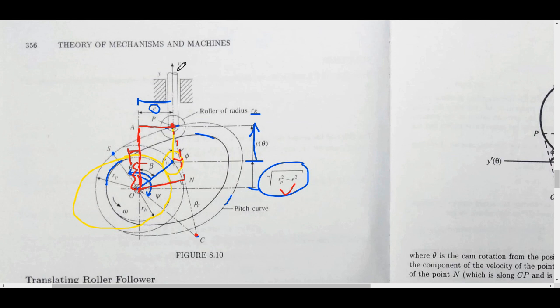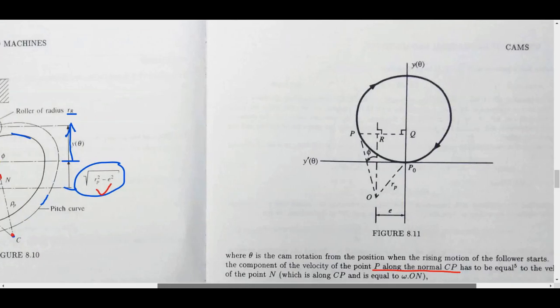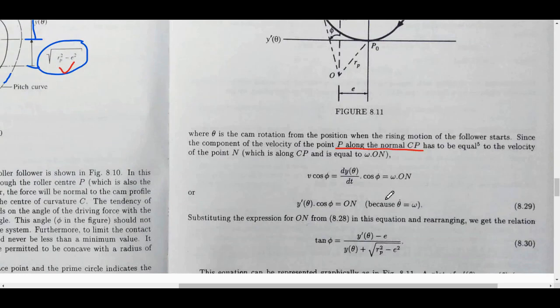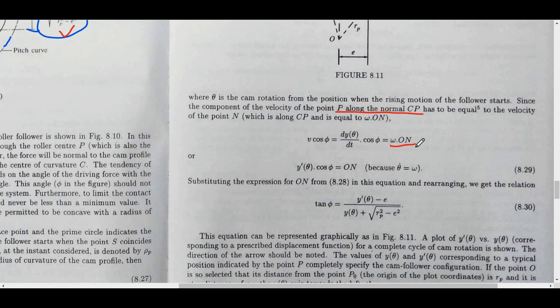This velocity, its actual velocity is upwards, it is V. That times cos phi is the component in this direction, and that has to be equal to omega times ON, because this is a rigid mechanism. If you think about the kinematics, you will see that happens. So that is why we have omega ON equal to dy/dt cos phi, or V cos phi.